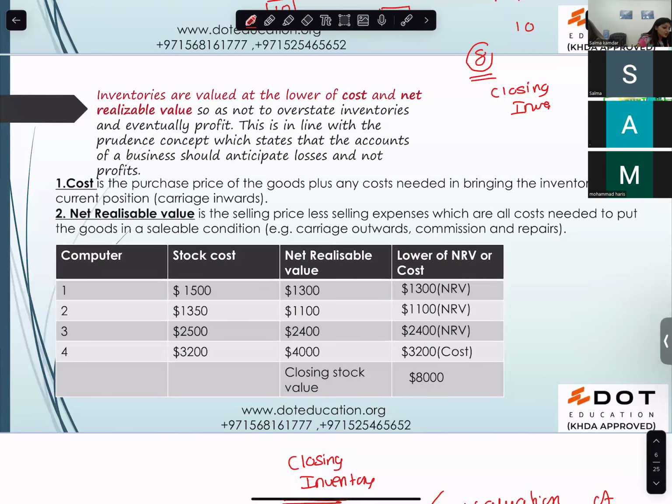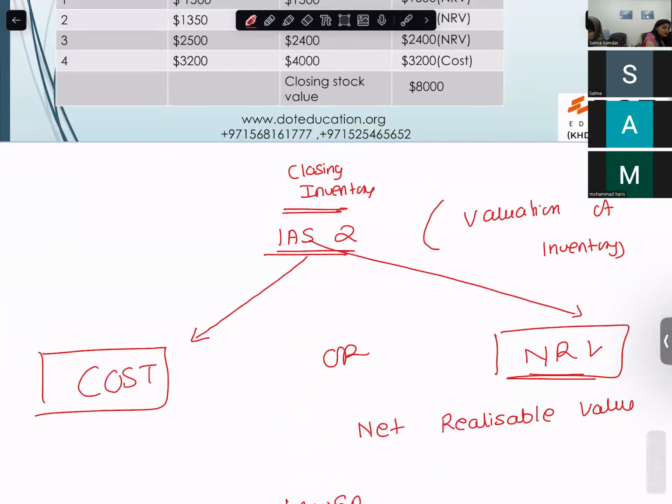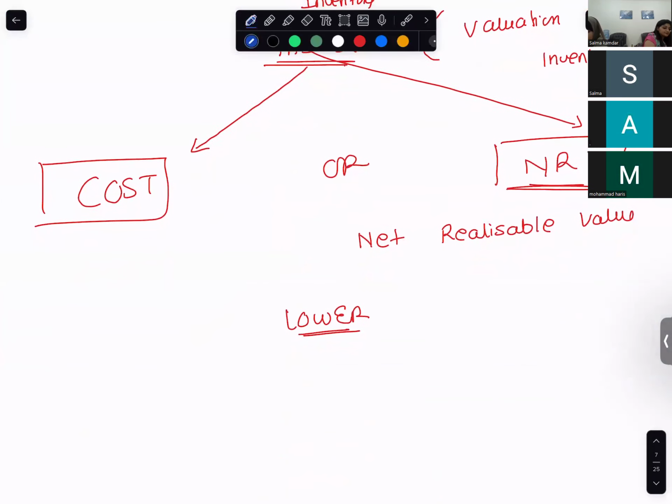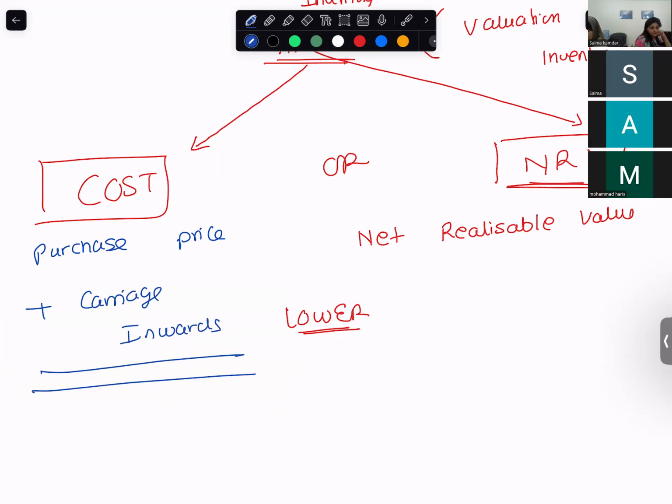When I talk about the cost, it will always be the purchase price plus the carriage inwards. What is carriage inwards? It is the cost for bringing goods to the place where you store it.